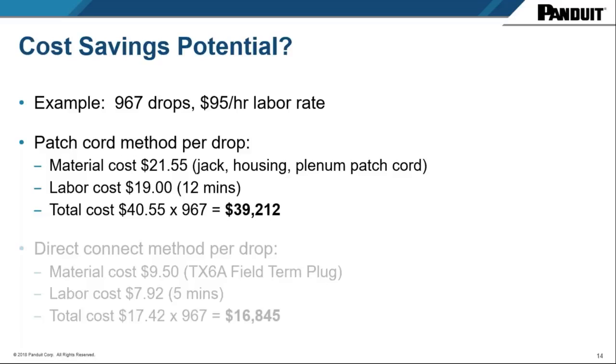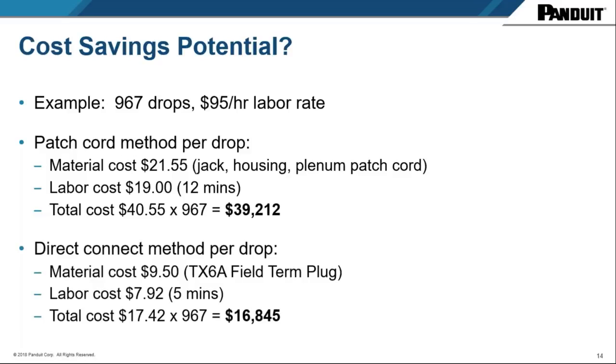Now, if we compare that to the direct connect method per drop, same assumptions, 967 drops, $95 an hour. The material cost is significantly less because other than the bulk cable, which is not in either calculation, the material cost is only for the field term plug. And this pricing level would be typical of what a contractor would see for the product.